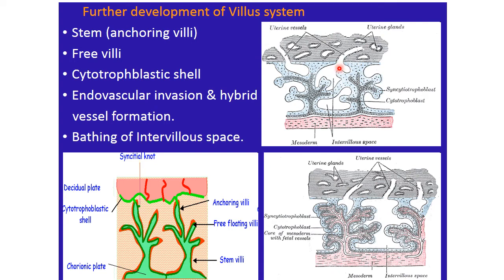And some of those syncytiotrophoblasts get incorporated into the decidua and they form the hybrid vessels, and those vessels make contact with the intervillous space through the perforations in the cytotrophoblastic shell, as I have already told you. That leads to the pouring of the blood and the bathing of the intervillous space by the maternal blood.